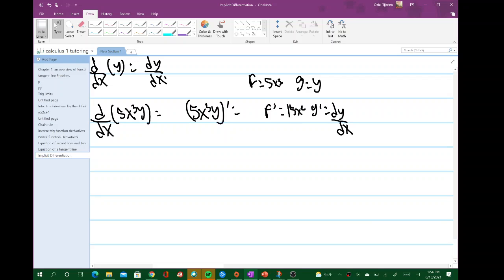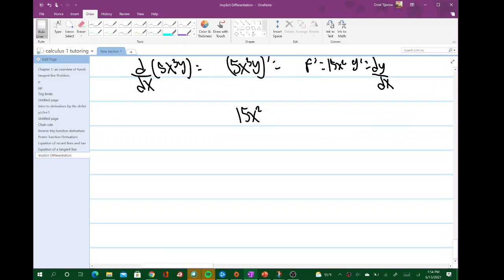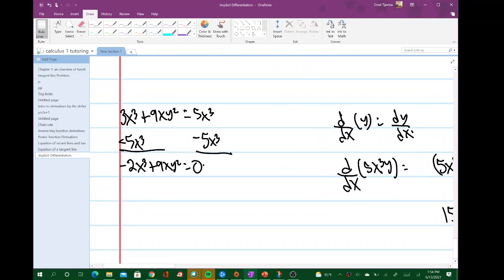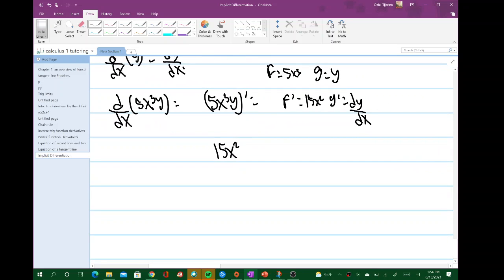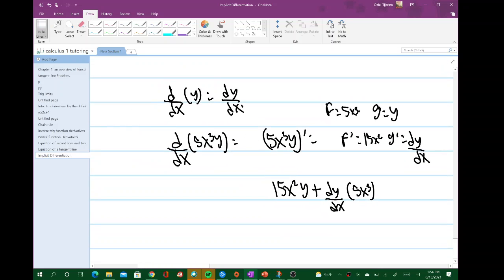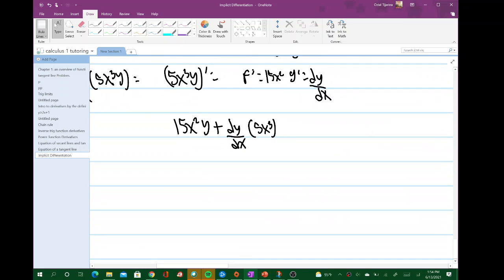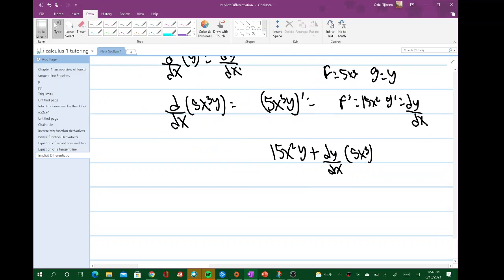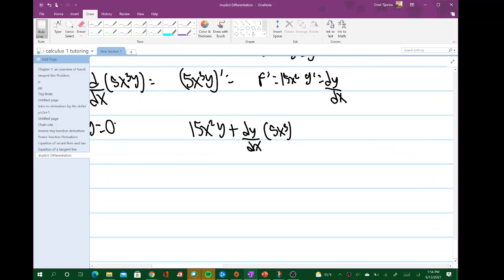So then you would say 15x squared y, and this is just an example, f prime g plus dy dx times 5x cubed, which is f, excuse me. And let's pretend that 5x cubed y is equal to 0.